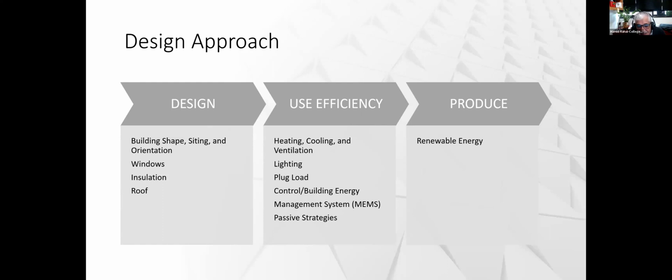That is the management of the system. And then the passive strategies that you use, as I mentioned: what type of window, what type of lighting you have, and how you dim the lights according to the light that comes from outside, and other things. And then what kind of renewable energy sources you're going to use for this.